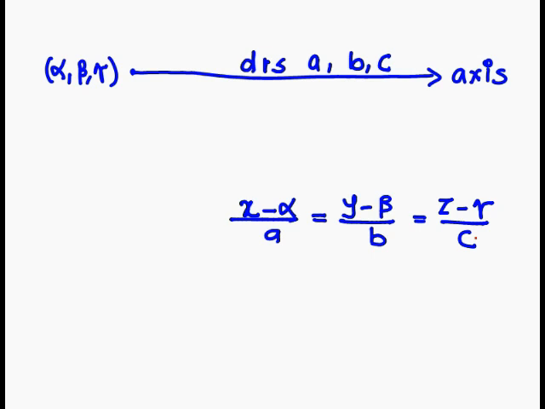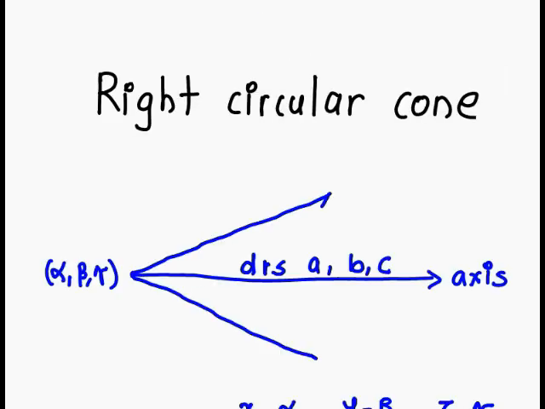So let's see what a generator is. If there is a line which generates our cone, these two lines are the generators. There are infinitely many lines that work as generators.